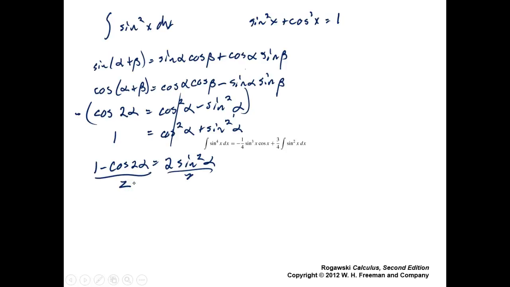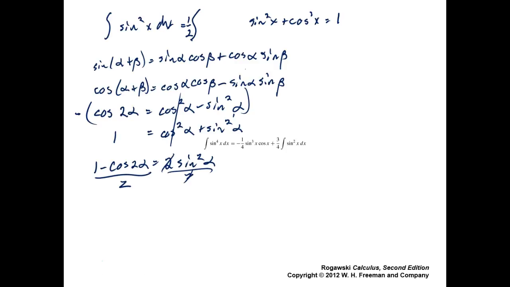And that would give me sine squared x is the same as the integral of, I'm going to pull the 1/2 out front, 1 minus cosine 2x dx.